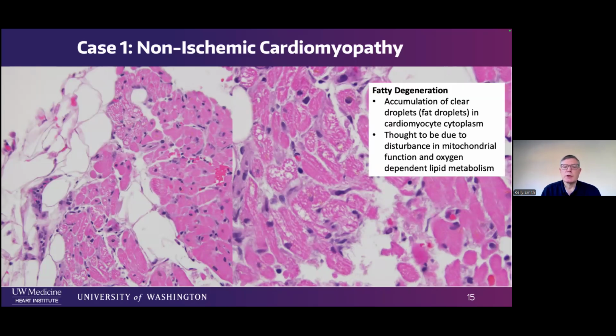So these clear droplets that we're seeing are really lipid droplets, and this is thought to result from a disturbance in mitochondrial function or oxygen-dependent lipid metabolism. So it's a non-specific finding that can be associated with a number of different etiologies.